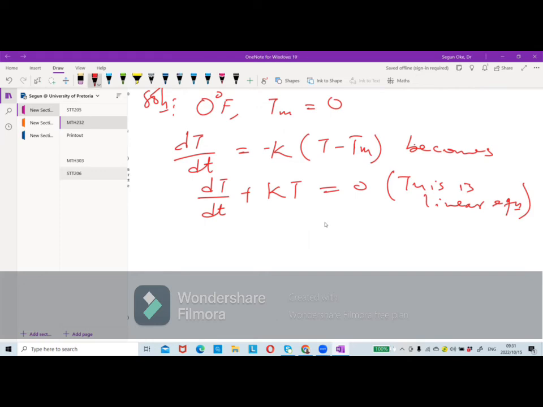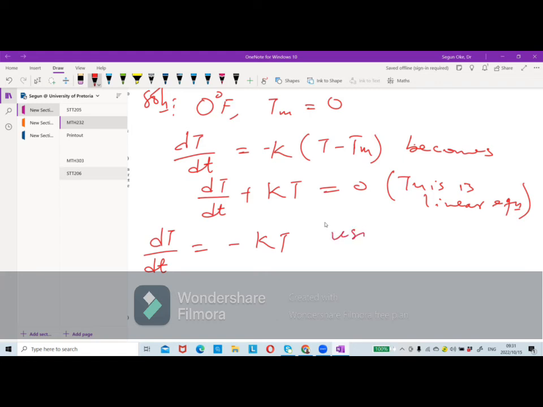The first thing you need to do, yes, Ibrahim, go ahead. So that you separate them. dT/dt equals minus kT. Now, we have it equal to minus kT, right? We need to use separable variable now. Let the t go to t, let the other one go to the other one.